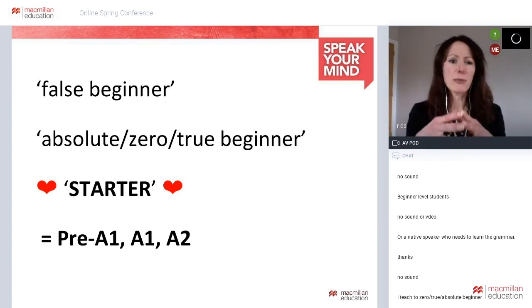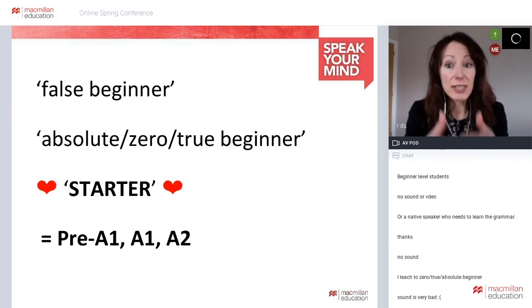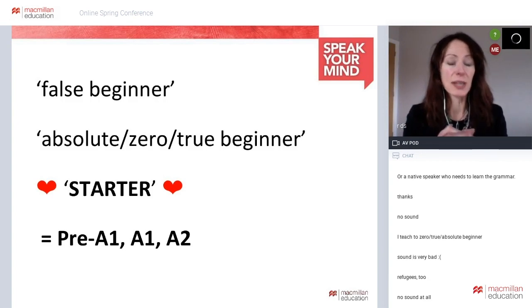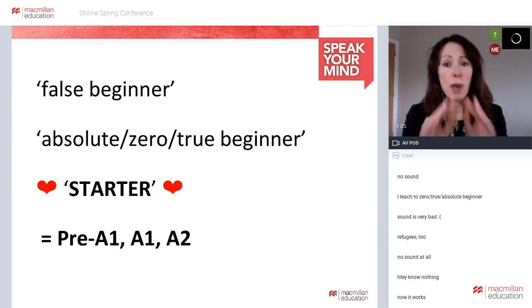Maybe they're from a developing country, maybe the context there is English for speakers of other languages, there may be a lack of literacy even. So for that type of beginner, no course books, no handouts, you're just going to be using speaking and listening skills in that class. Now, I've got starter here as another term, and this is the term that I absolutely love.